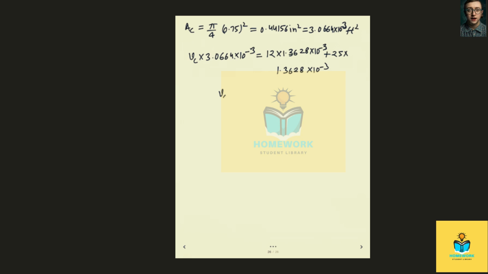So from here, after solving, we get Vc equals 16.50 feet per second. So in the next step we will determine the mass flow.